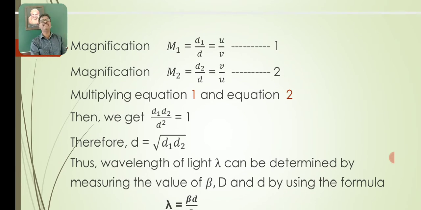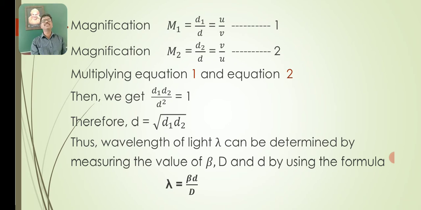So for magnification, M1 is equal to d1 by d, which is equal to u by v. Let this be equation number 1. For the diminished image, M2 is equal to d2 by d, which is equal to v by u.